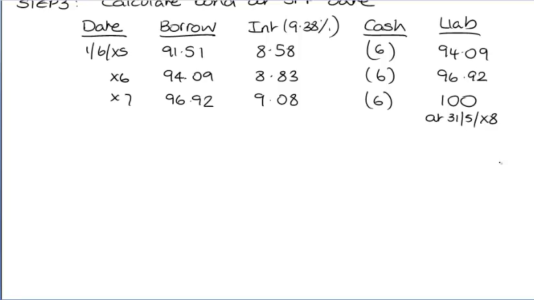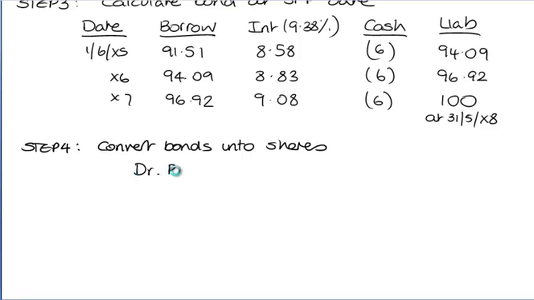So at maturity, all of the bonds were converted into 25 million ordinary shares of Aron. So step 4, we convert the bonds into shares. So therefore, we're going to debit the bonds $100 million.